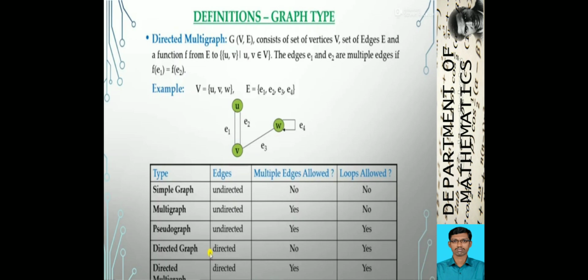No. Next one, pseudograph: undirected edges. Multiple edges allowed? Yes. Loops allowed? Yes. Next one is the directed graph: directed edges. Multiple edges allowed? No. Loops allowed? Yes. Directed multigraph: directed edges. Multiple edges allowed? Yes. Loops allowed? Yes.